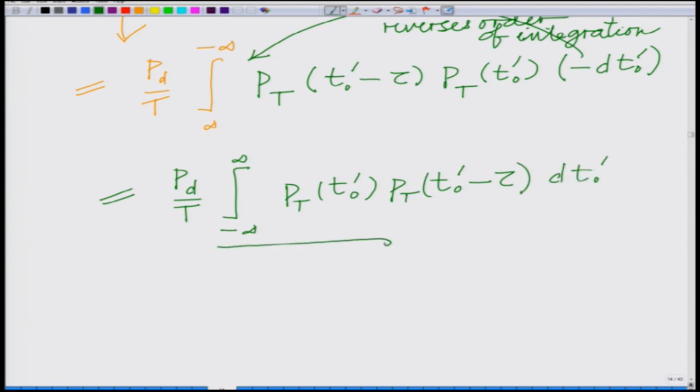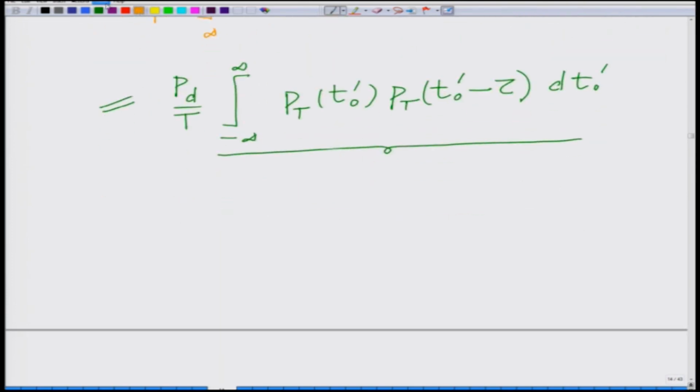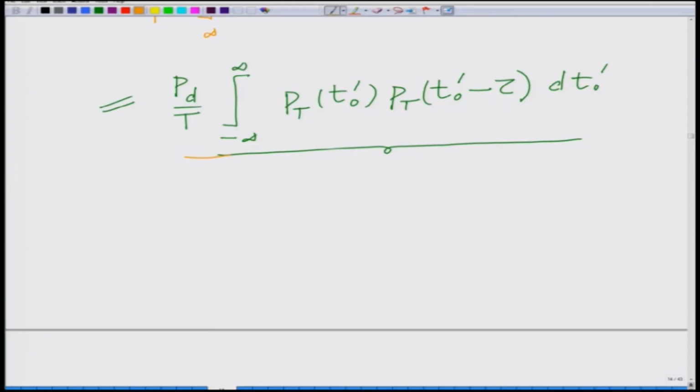And now, if you look at this, you will observe something remarkable. We have successfully removed its dependence on t, which is the specific time instant. So, this does not depend on t, it only depends on tau.